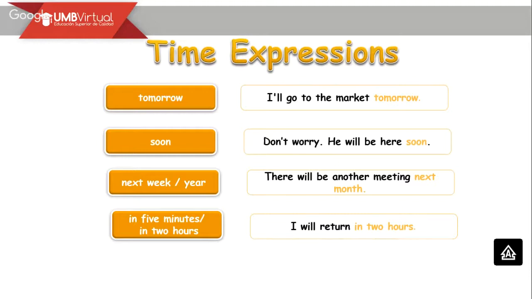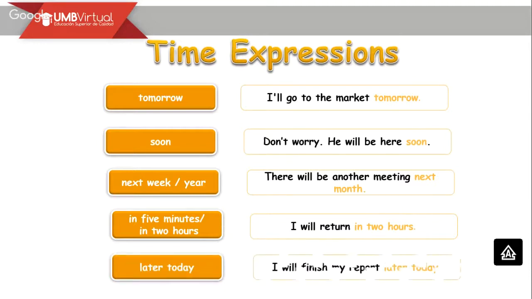Remember something here. As you can see in those examples, these time expressions are recurring at the end of the sentence. Tomorrow, soon, next month, in 2 hours. ¿Ok? Todas estas expresiones en referencia al tiempo están al final de la oración para que no lo olvidemos. And finally, later today. I will finish my report later today.